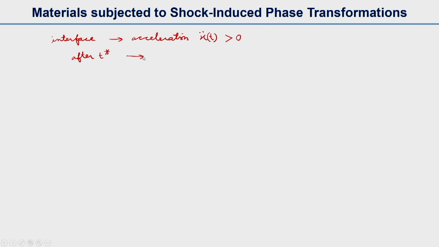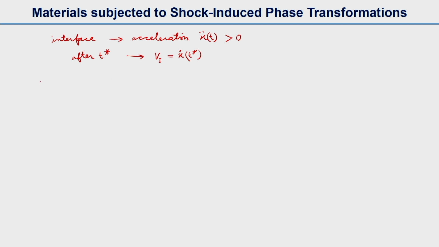The target boundary means the free surface or the impact interface. So that means Vi is equal to this, and we can write it that way.